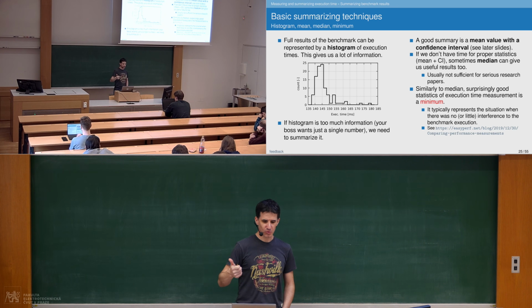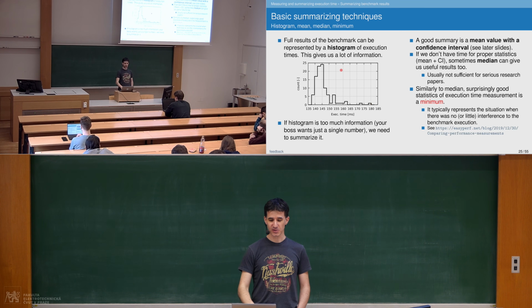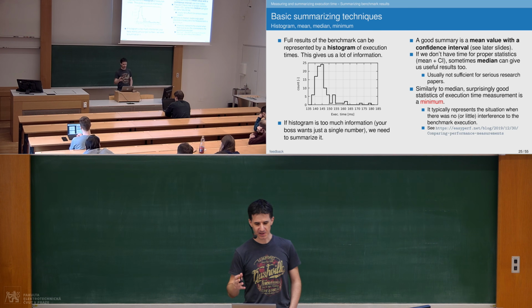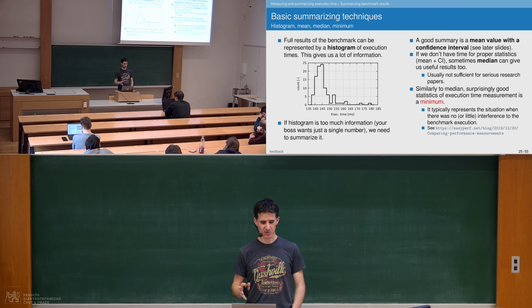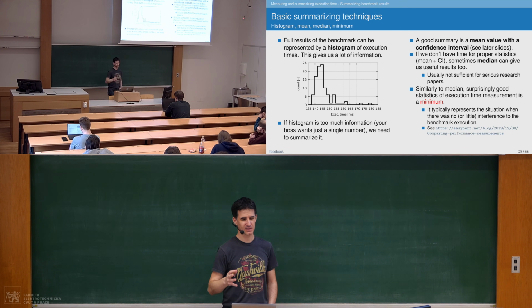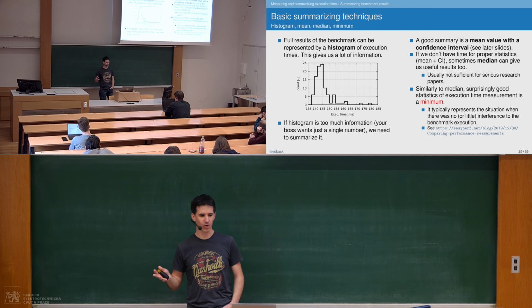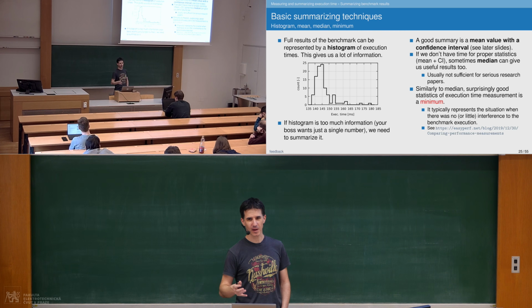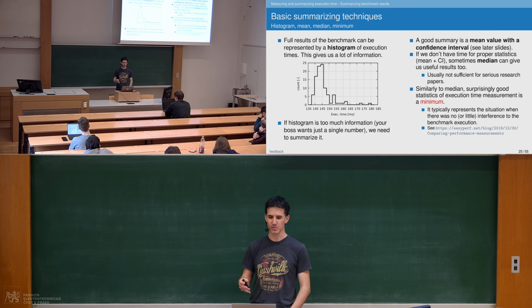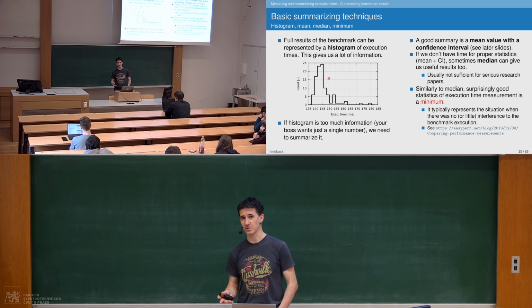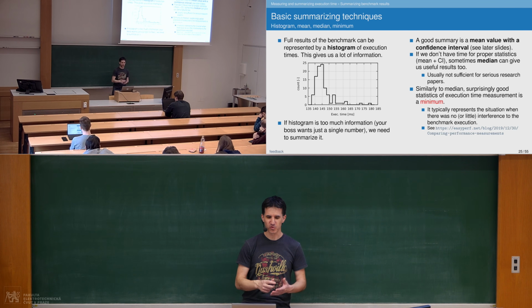One thing to notice from this is that this is not a normal distribution. So if you use statistics on computers, using everything just for normal distributions is not the best thing to do. On the other hand, you probably know there is the law of large numbers. If you sum a lot of other distributions together, the result will be a normal distribution, and we are doing a lot of measurements.